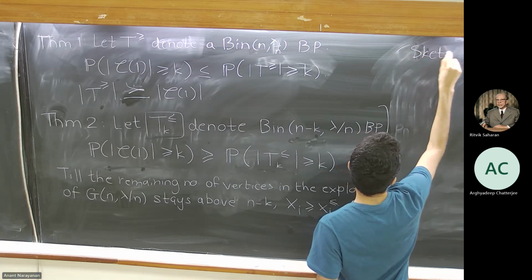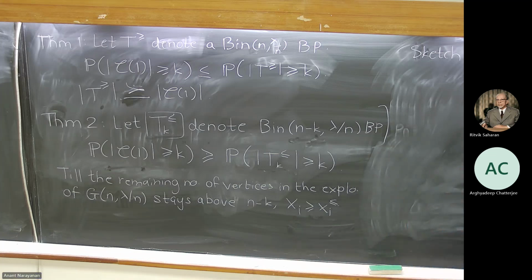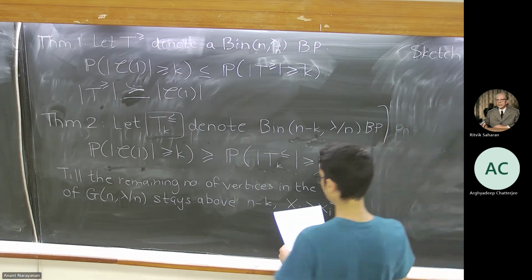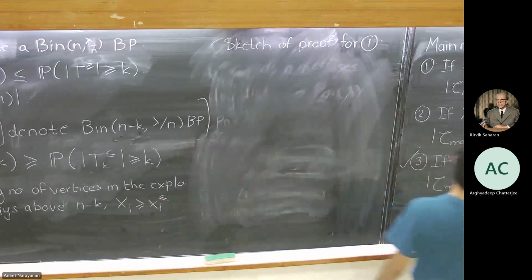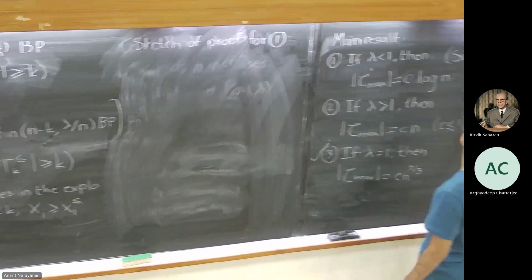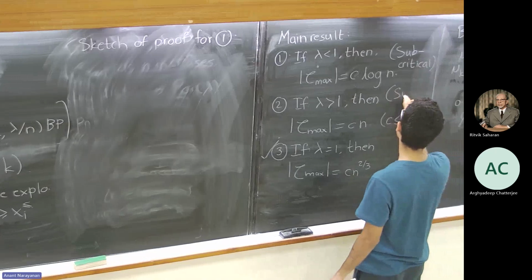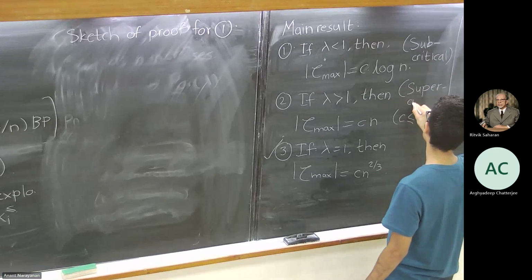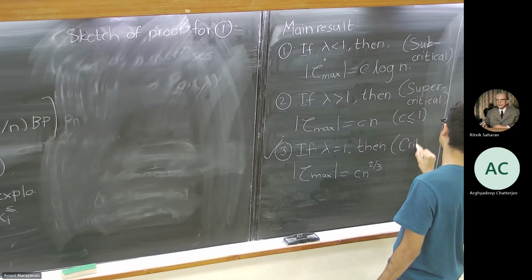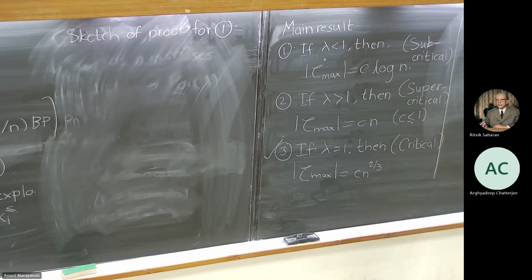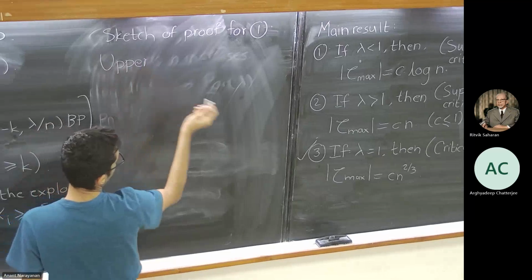Two or one, known as the supercritical zone. So first we have an upper bound for the subcritical region.